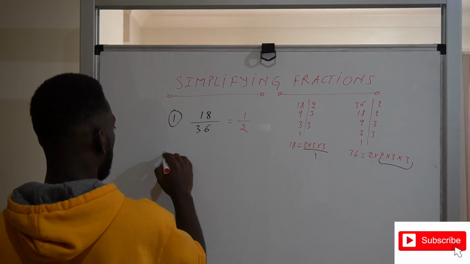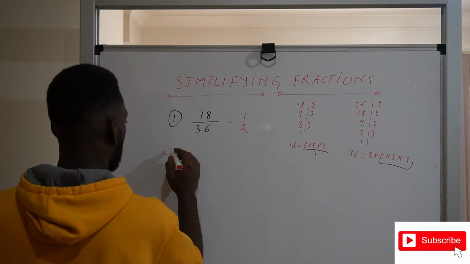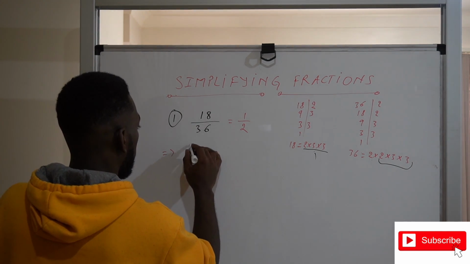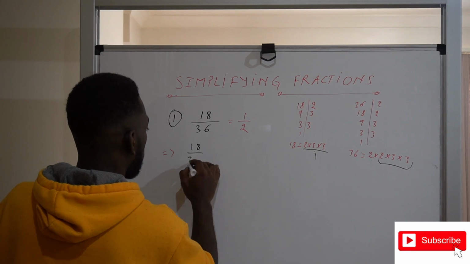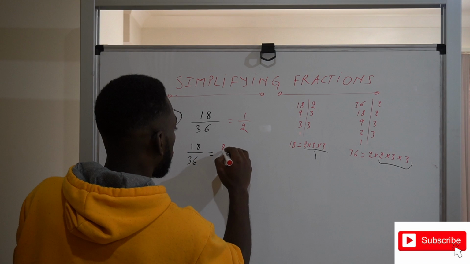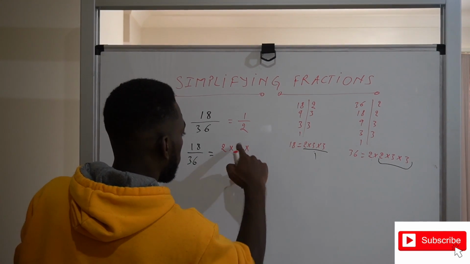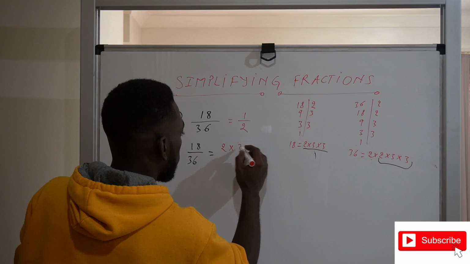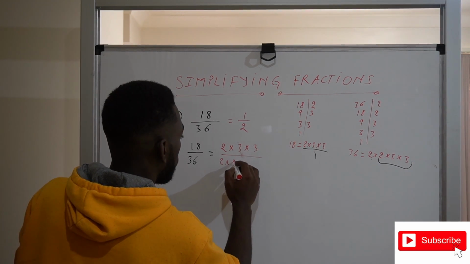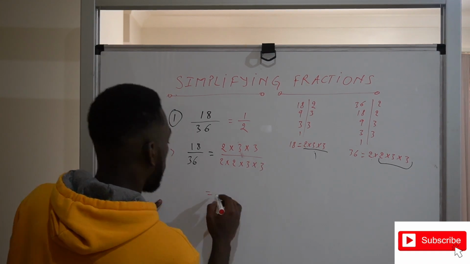So this is what you will do. You have 18 divided by 36 is the same as 2 times 3 times 3 over 2 times 2 times 3 times 3 on my next line.